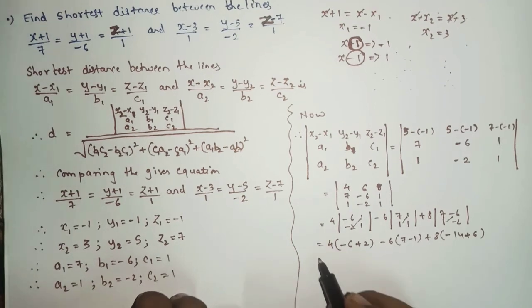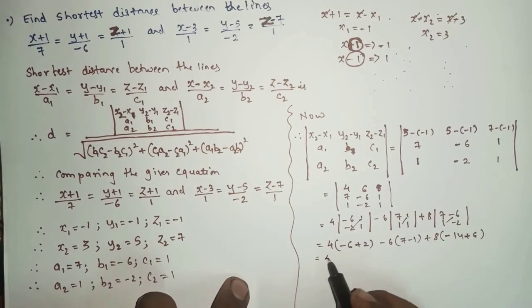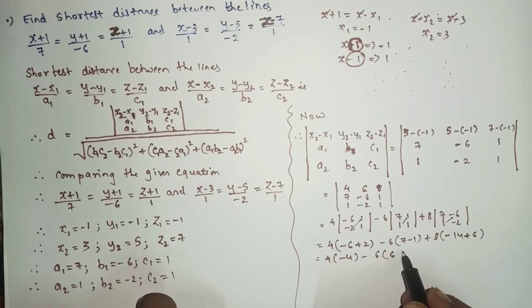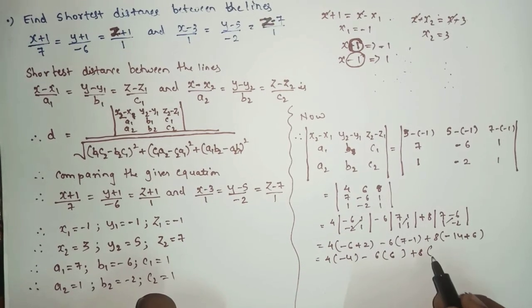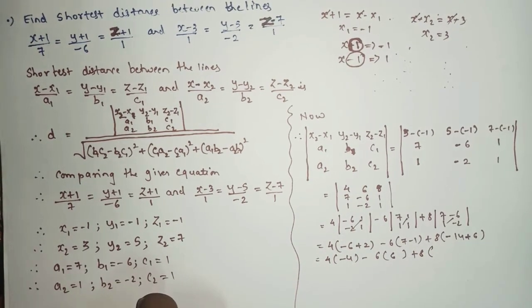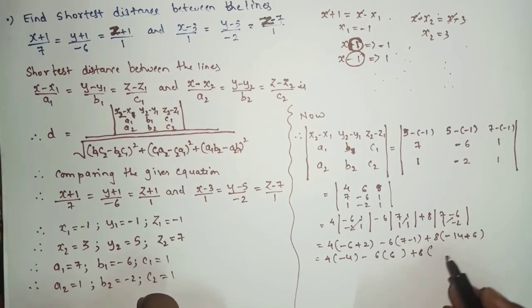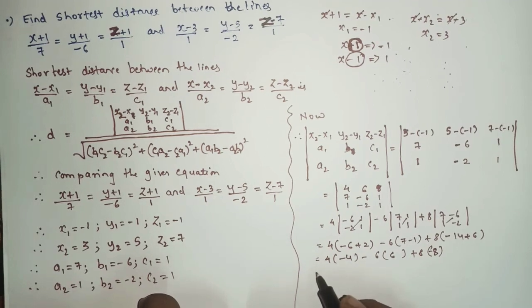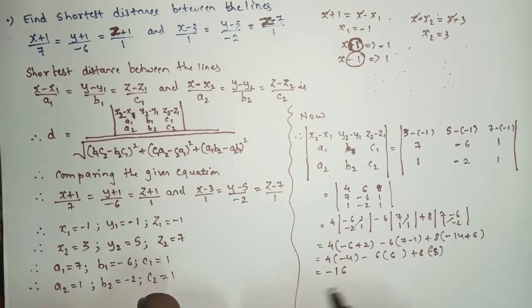Okay, then after that 4, here it is minus 4. 7 minus 1 is what? 6. And minus 14 plus 6, it will be what? Minus 8. So 4 fours are 16, it is minus 16.